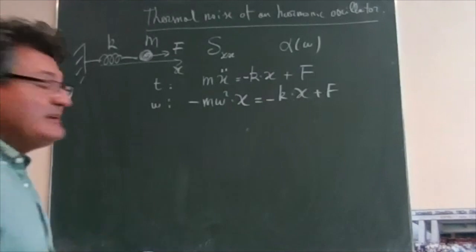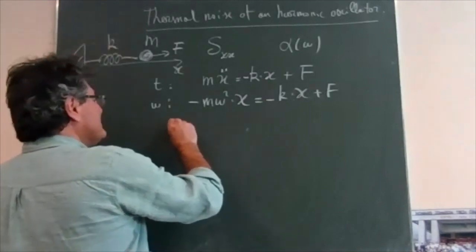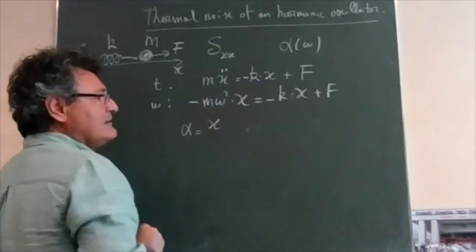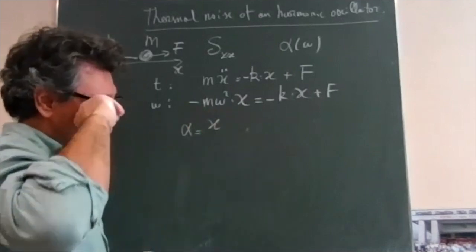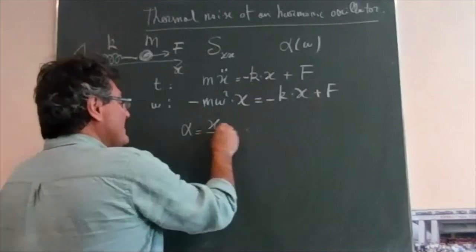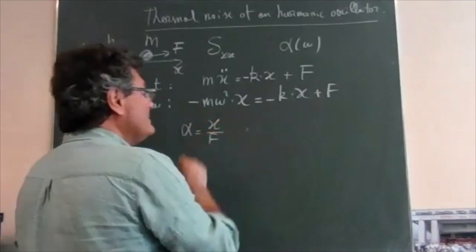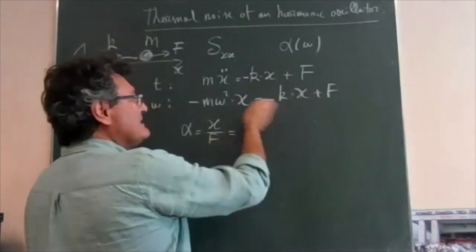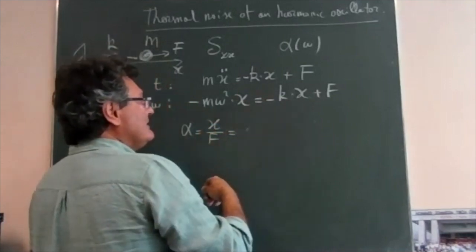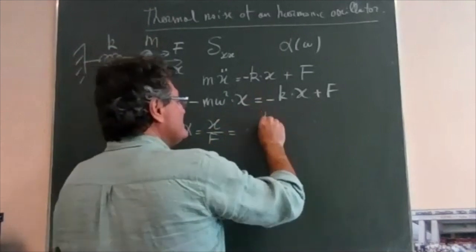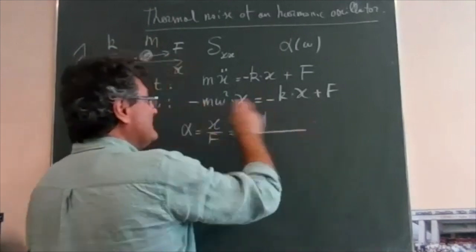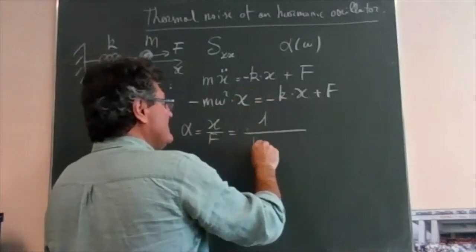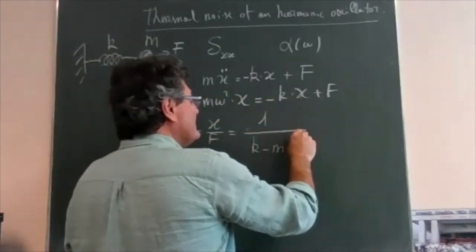So we have to calculate the response. The response function alpha is the response divided by the excitation. After calculation, this is 1 divided by k minus m omega squared.